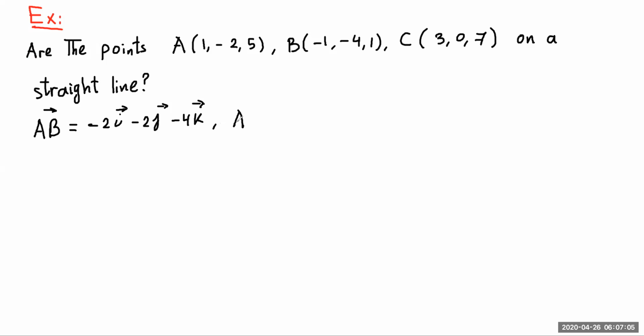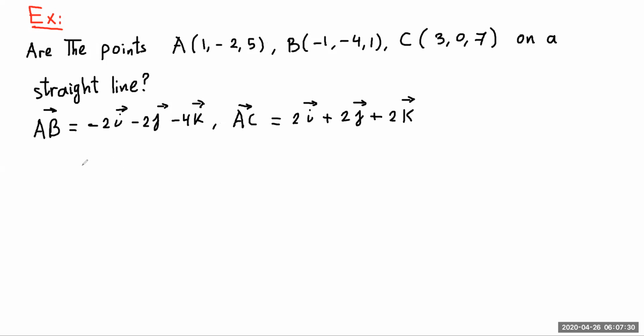What is the vector AC? It's xc minus xa, so it's 2i, yc minus ya plus 2j, zc minus za plus 2k.